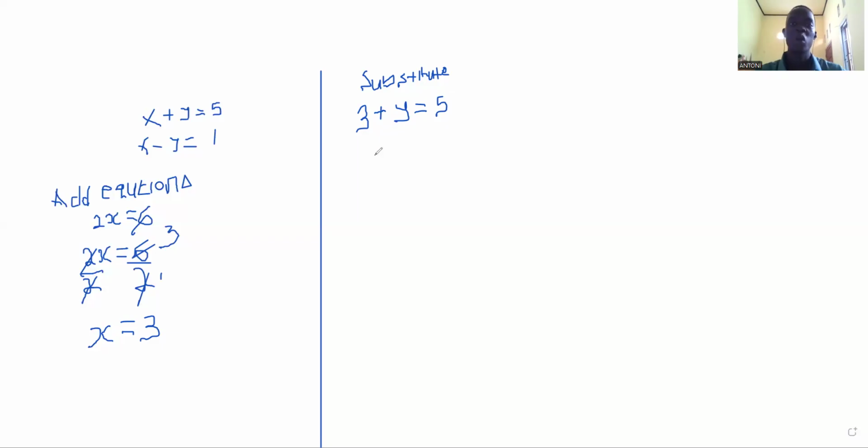So here, if you subtract 3 out of 5, you are going to get 2. So our y is equal to 2.